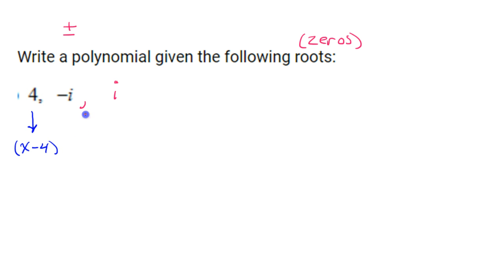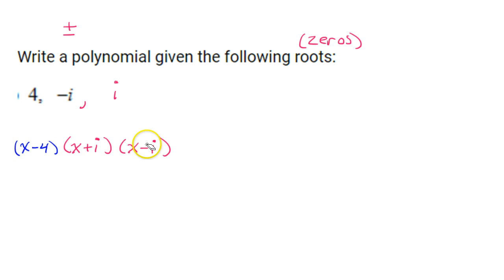Similarly, a zero of negative i would come from a factor of x plus i. And a root of i would come from a factor of x minus i. So we have these 3 roots corresponding to these 3 factors. You're basically just doing the opposite.